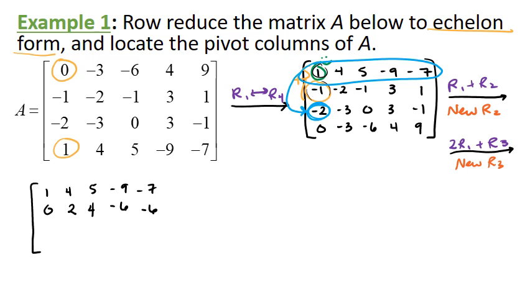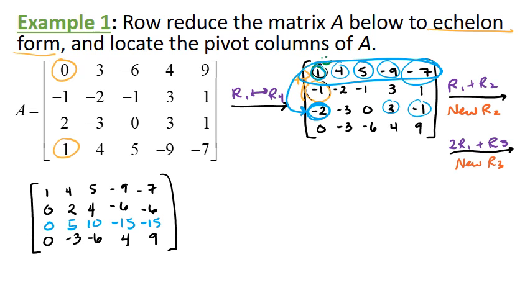So 2 times 1 is 2, plus negative 2 is 0. 2 times 4 is 8, plus a negative 3 is 5. 2 times 5 is 10, plus 0 is 10. 2 times negative 9 is negative 18, plus 3 is negative 15. This times 2 is negative 14, plus a negative 1 is negative 15. I'm going to leave row 4 the same because it has a 0 in that first entry.